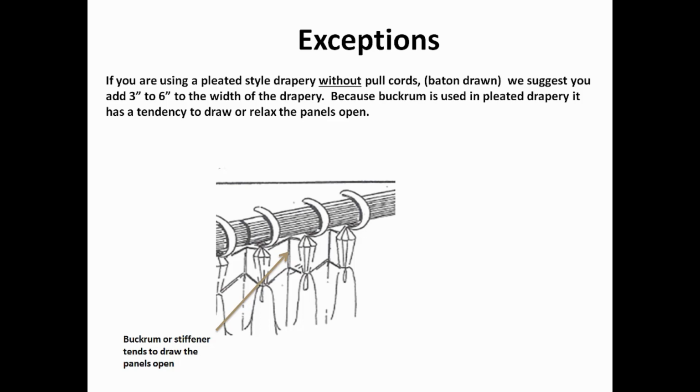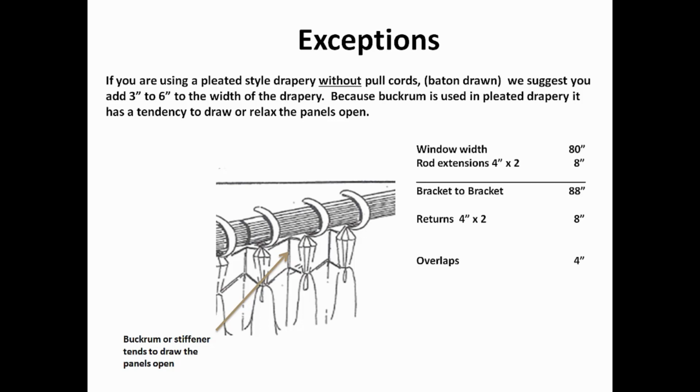So to counter that, that's why we always say add 3 to 6 inches extra width to your drapery to account for that relaxation. If we did the math once more, we'll start off again. We had the 80-inch window. We went 4 inches past the window on each side, which gave us our 88-inch bracket to bracket, our 2 returns, our 4 inches in overlap, and then we had that 2-inch decorator rod allowance.